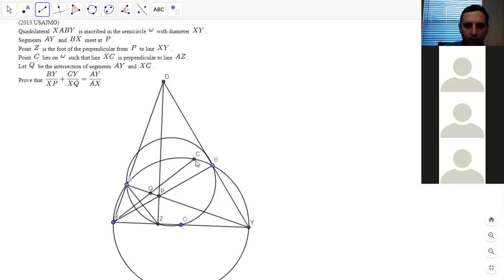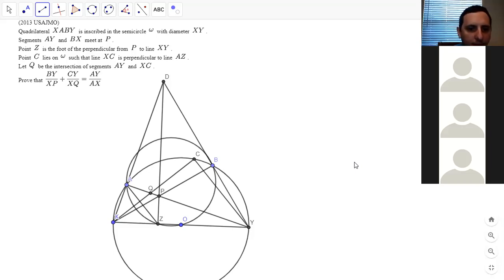So we have all these right angles, and XC is perpendicular to AZ. So basically XQ and XP are isogonal, right? Okay, so we have two isogonal lines.